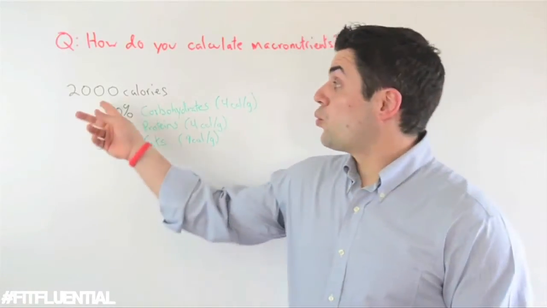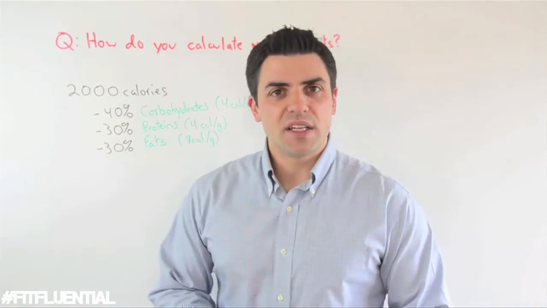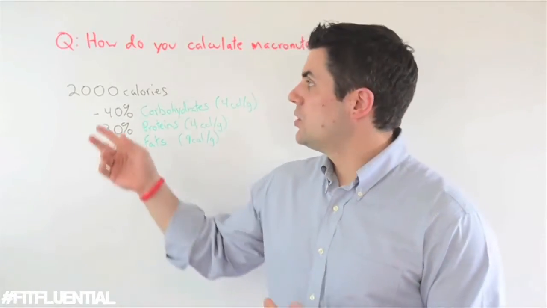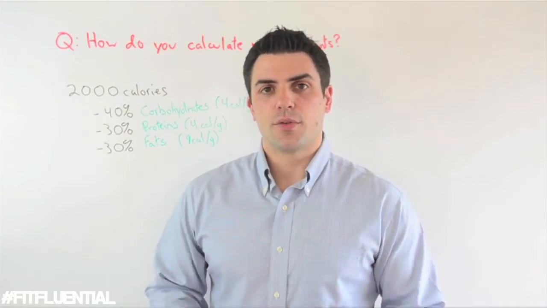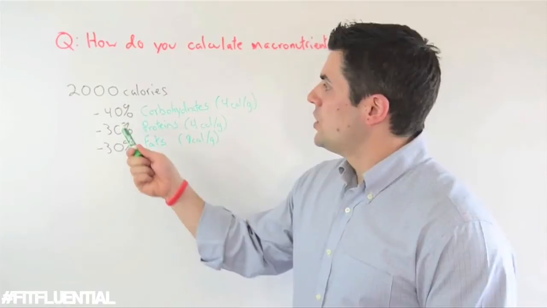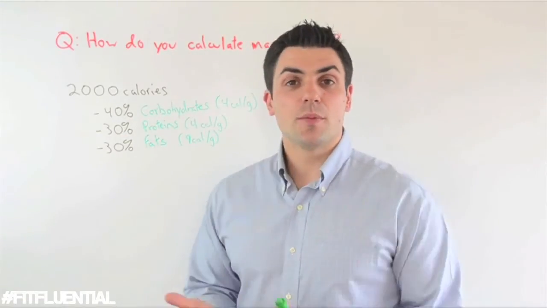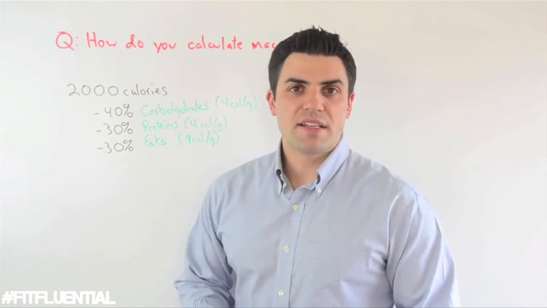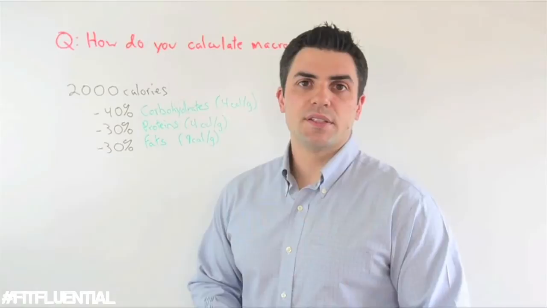All right? I'm going to use an example of a 2,000 calorie diet just because it makes the math a little bit easier, but you can insert whatever you want here for your calorie needs, and then we'll go through how to calculate it. So the first step with calculating your macronutrients is determining your macronutrient breakdown. And this is based on percents of total calories, right?